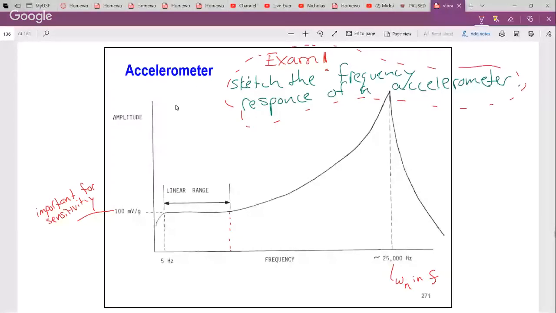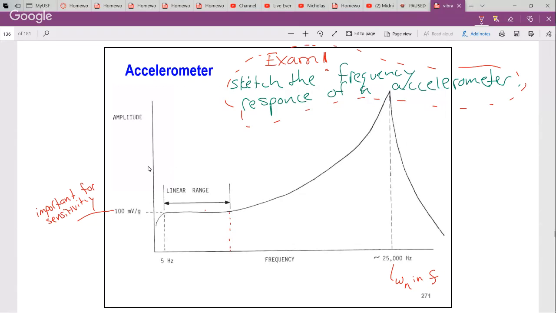When you start looking at sensors or even actuators that are used for dynamic purposes, then this becomes something that you want to look at as a function of frequency. You want to make sure you understand what it is over the range of frequencies you're going to use it. If it's flat, great. If it's not, then you might need to find a way to compensate. This is actually the sensitivity that we're seeing.